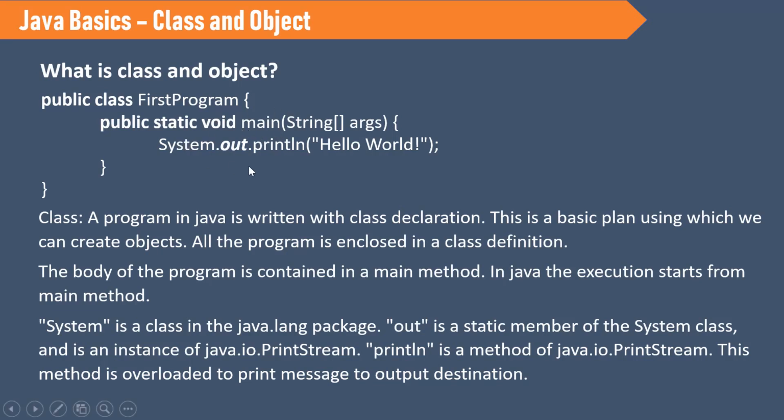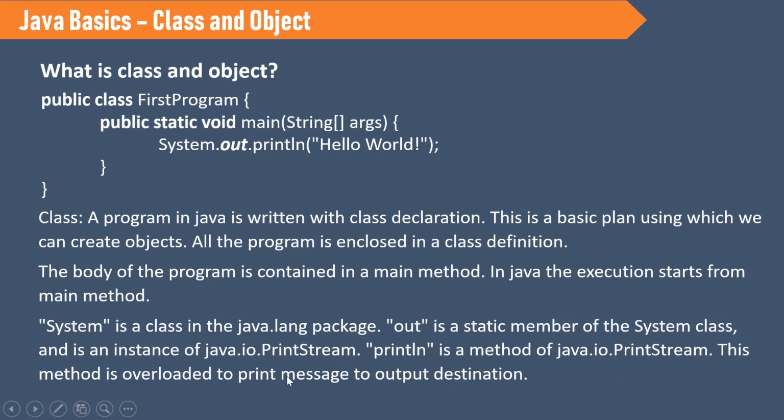If you see System.out.println, for now just remember that this is what we use to print anything to the console. But if you want to know, System is a class in the java.lang package. Out is a static member of the System class and is an instance of java.io.PrintStream, and println is a method of java.io.PrintStream.